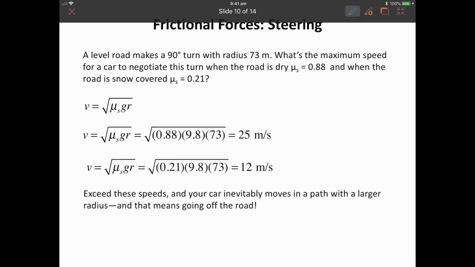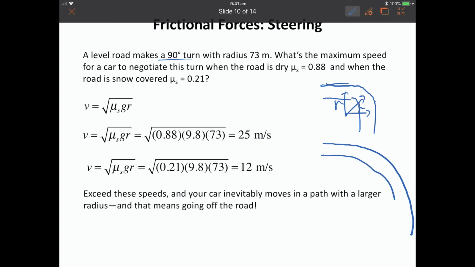All right, a level road makes a 90-degree turn. What does a 90-degree turn mean? You can design the road like this, a small turn. This R is very small. You can make the same 90-degree turn like here. You still turn 90 degrees, but this time it is a lot bigger.